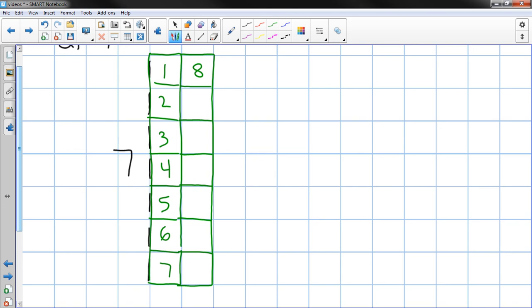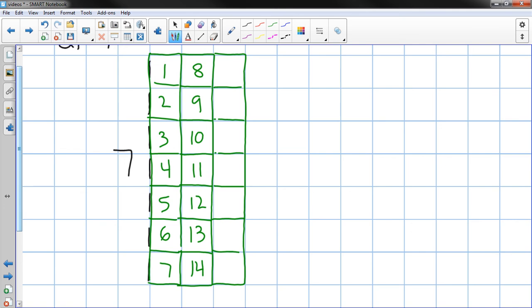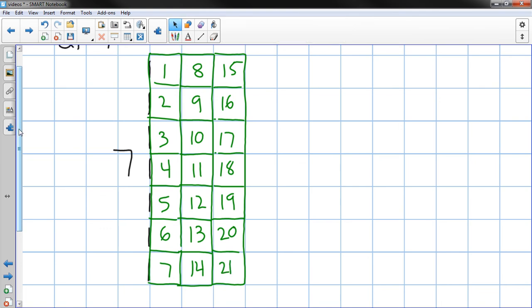And I just continue 8, 9, 10, 11, 12, 13, 14. Let's try another column of 7. Do you have to draw all these lines inside? No, you don't have to do that. 15, 16, 17, 18, 19, 20, 21. Aha! 21 was my number, right?